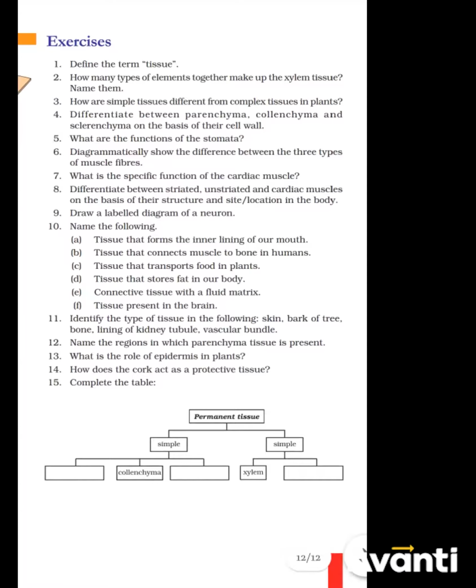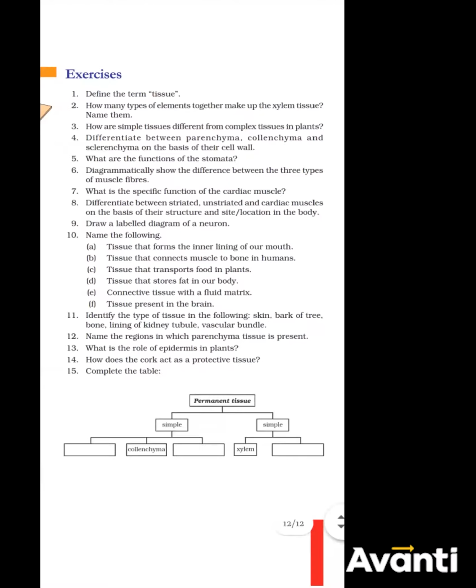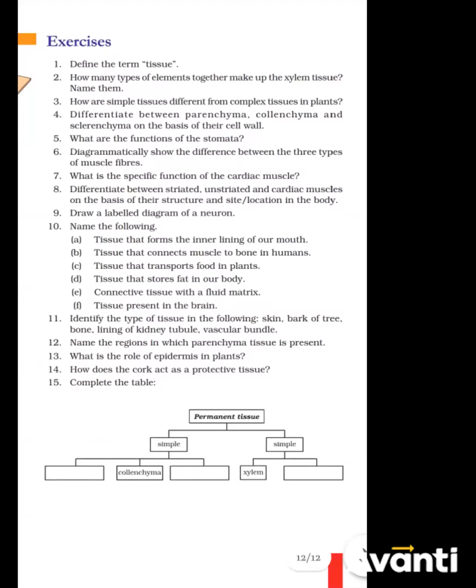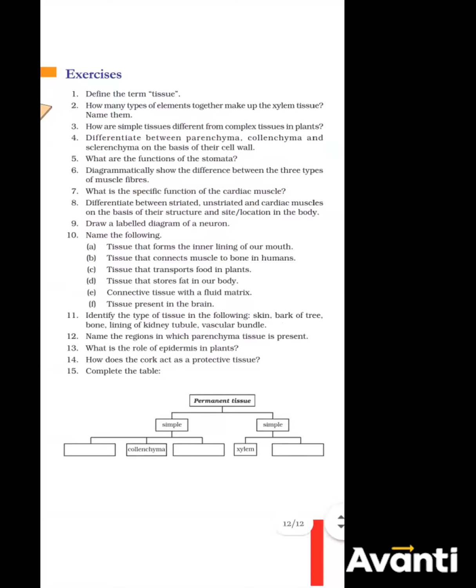Lateral meristem you want? Okay, lateral meristem is a tissue which is present between the barks, that helps in increasing the girth or the diameter of the plant. That's the function of lateral meristem.